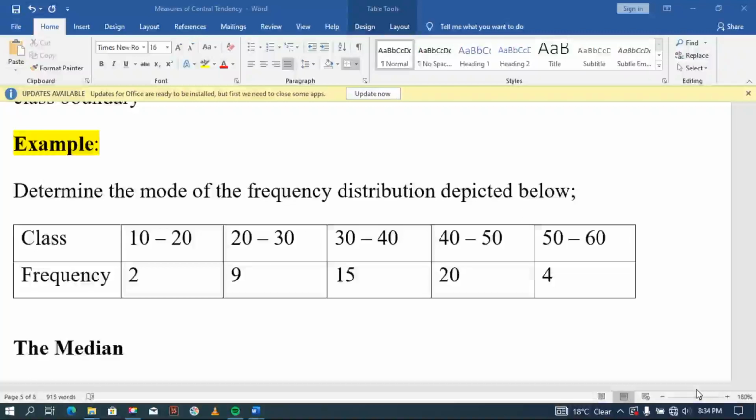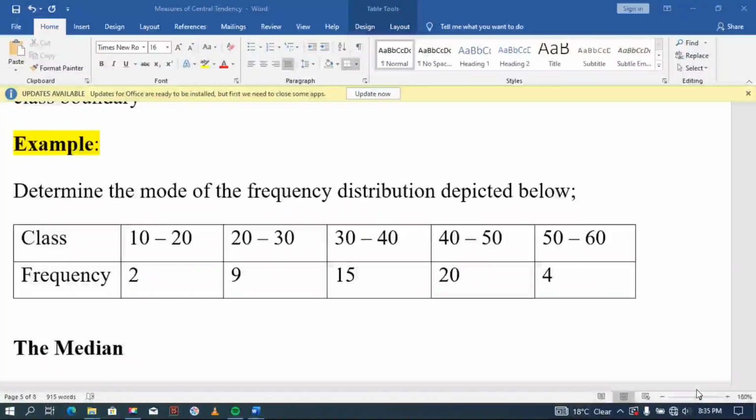We've adjusted this a bit. So the classes, we change them to 10 to 20, 20 to 30, 30 to 40, 40 to 50, and then 50 to 60.